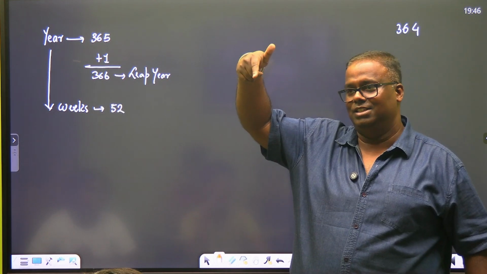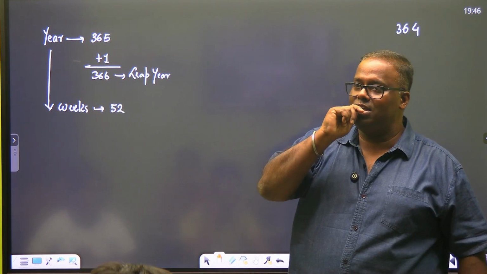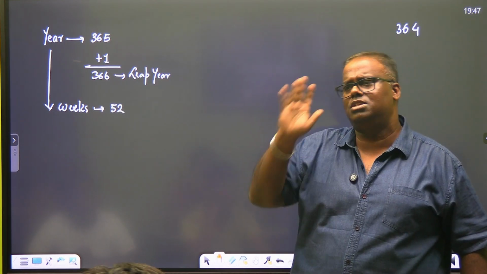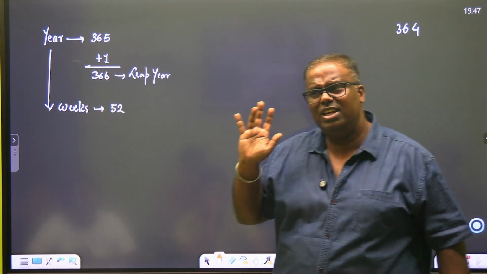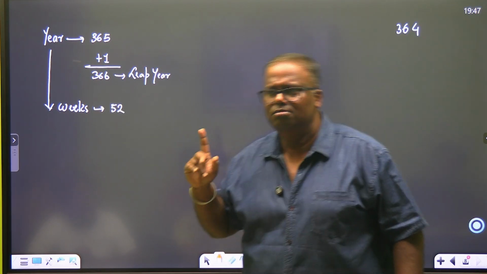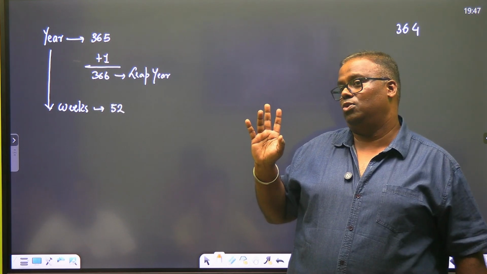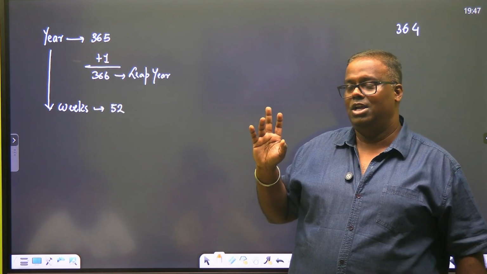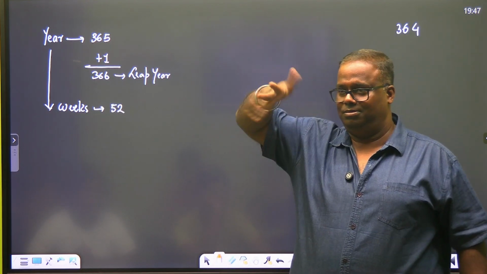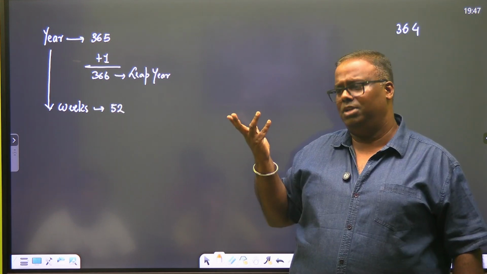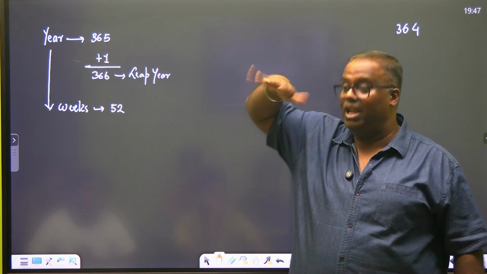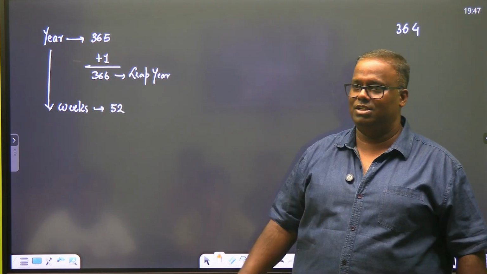So if I ask you how many Tuesdays will be there in a non-leap year, you will say, sir, 52 guaranteed. Will I get one extra? बोल नहीं सकते. हो भी सकता है, नहीं भी हो सकता है. And whenever this is like this, it's a question in probability, because this means what? The likeliness of occurrence of an event. Are we fine about it?